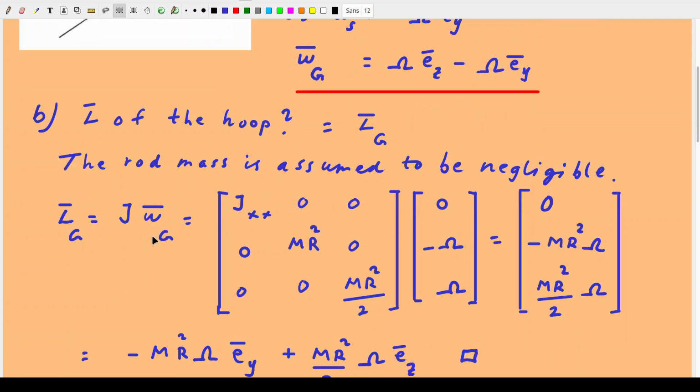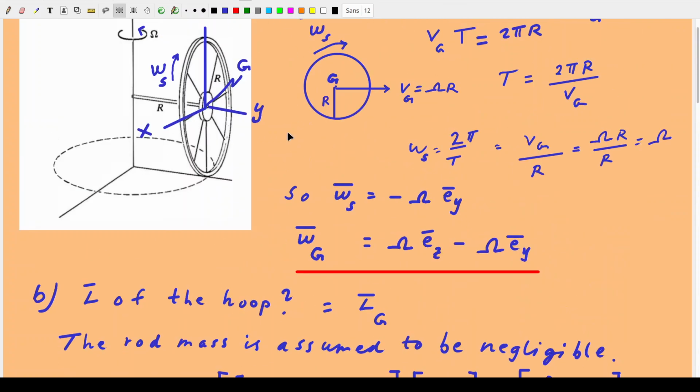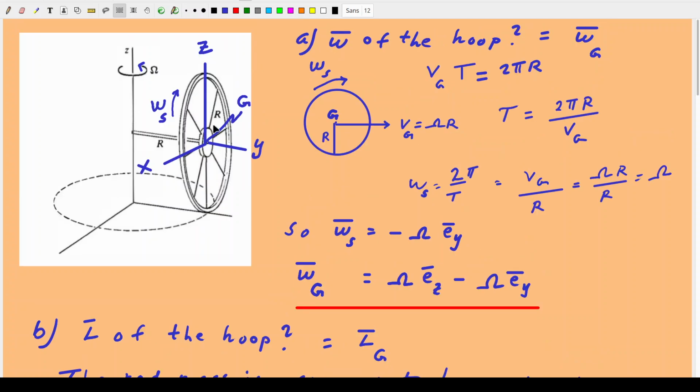So all we need to find out is what the matrix is with respect to the center of mass, and we have the coordinate system. The origin is in the center of mass. We have x here and y here and z here.